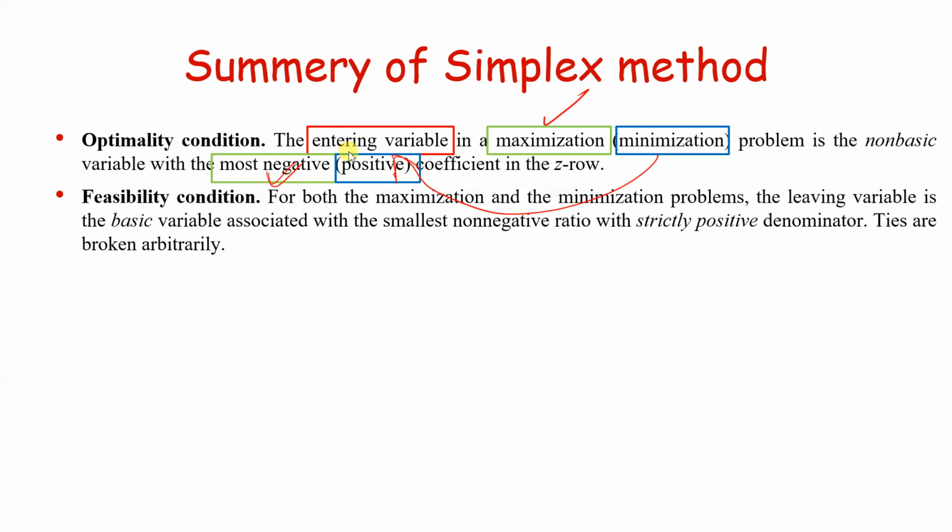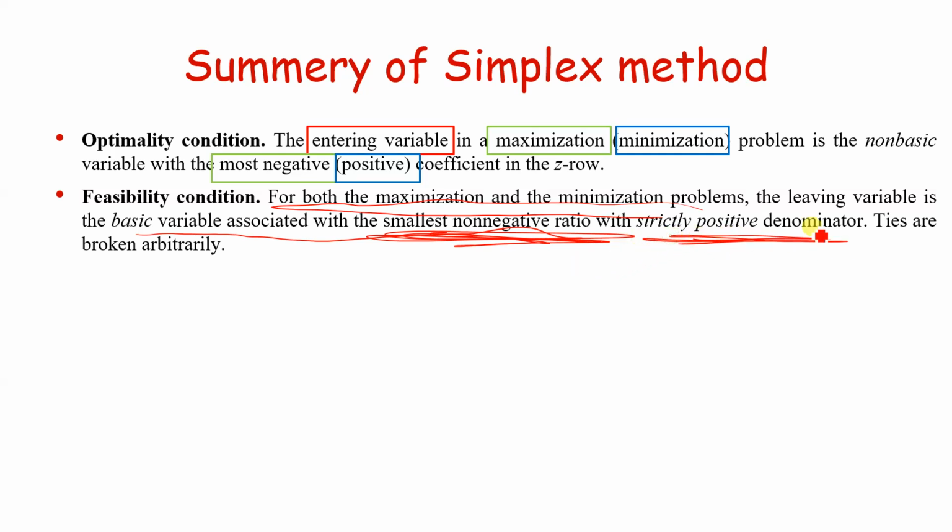And then we have to confirm the feasibility condition, and that is to decide the leaving variable. For both maximization and minimization problems, the condition is the same. The leaving variable is the basic variable associated with the smallest non-negative ratio with strictly positive denominator.